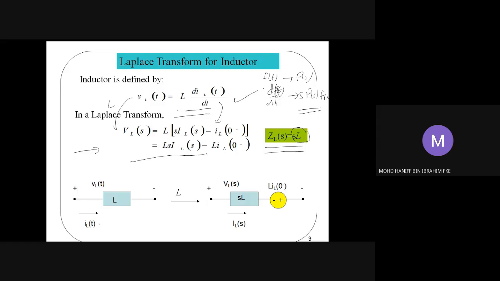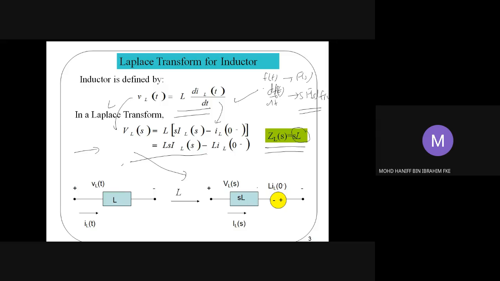And for the circuit transformation, what we have here is the circuit in time domain. In the frequency domain or the S domain, this is what we're going to have, which is based on the equations here. So V_L(s) is the voltage drop, and the voltage drop consists of two components.